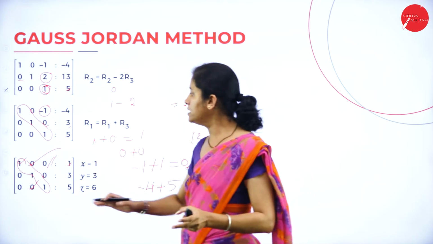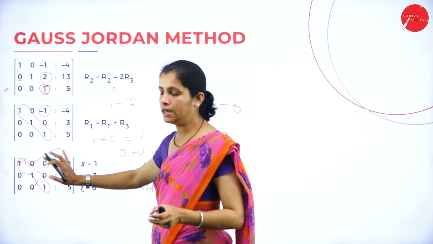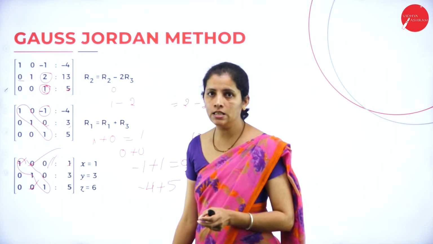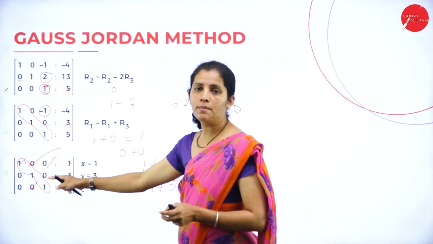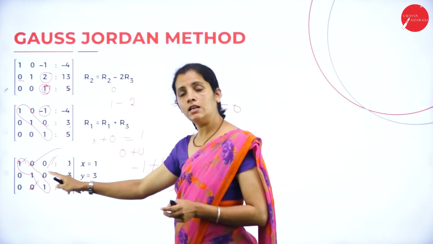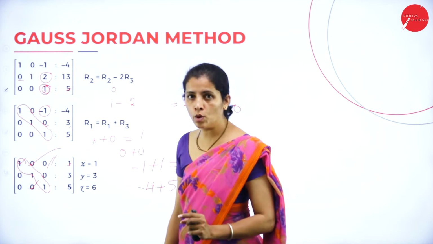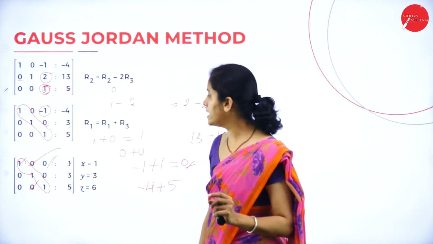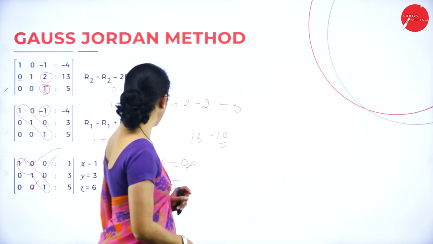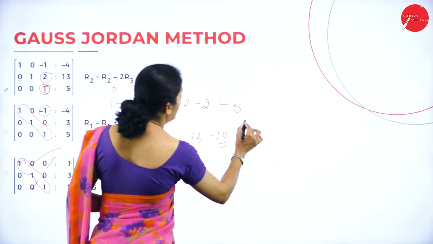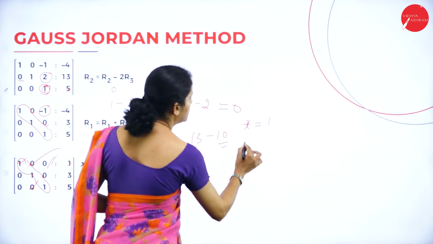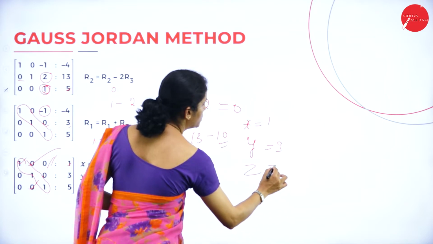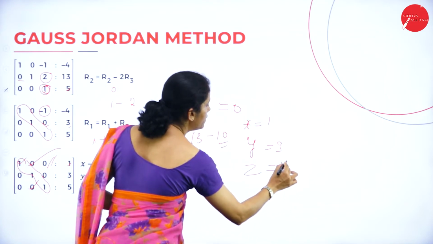So dear student, this is the final augmented matrix and all the elements are identity, and this is the example of an identity matrix. Now I want to find the x value, y value and z value. So x equal to 1, y equal to 3 and z equal to 5.